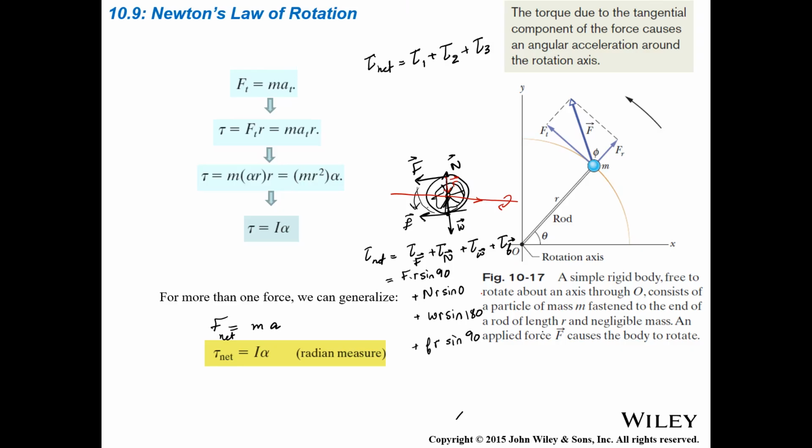Whereas the friction, if it pushes the wheel back, will try to rotate it in this direction, which is clockwise. So they are making opposite senses of rotation, and they should have opposite signs. We will say counterclockwise rotation is due to a positive torque.